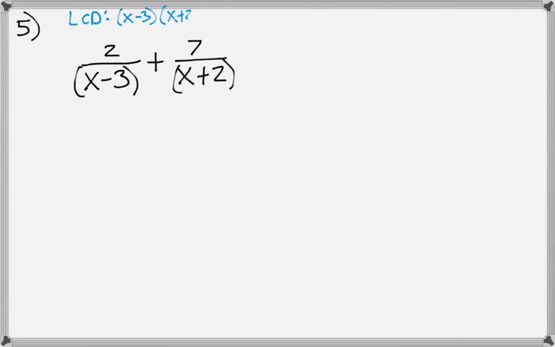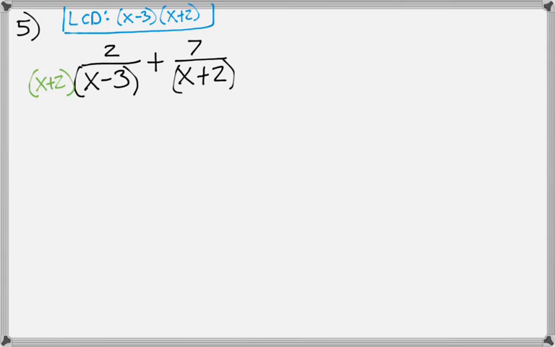So this is what I'm trying to build up both fractions to have. So now I need to multiply by what I need to get the LCD. Meaning that first fraction, it has an x minus 3, but it's missing an x plus 2. So I want to multiply by an x plus 2 here.